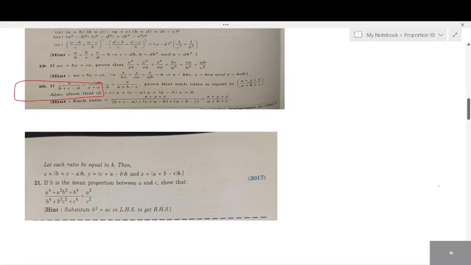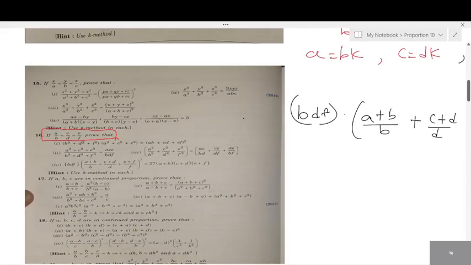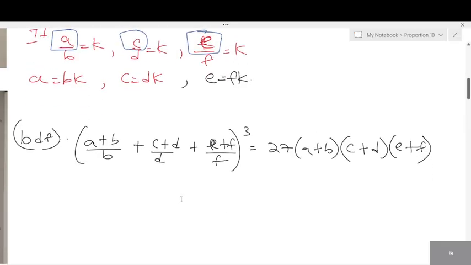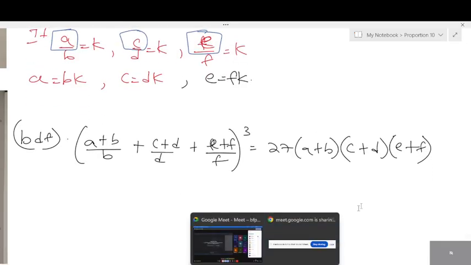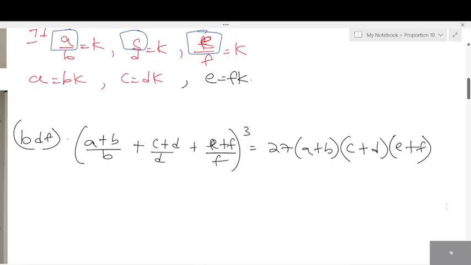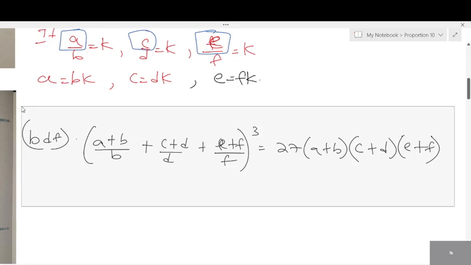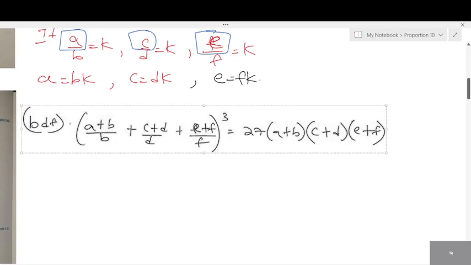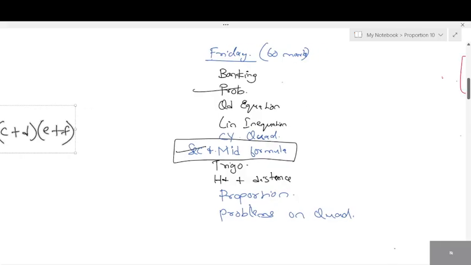Same concept. A, B, C are in continued proportion, mean proportion. Fine. Yes, try this question. Values are given. Complete it. Tanishka or Naomi, if the others ask you all, or you can just send her a message, students. This left hand side, tell her to prepare. I'll conduct on Friday.